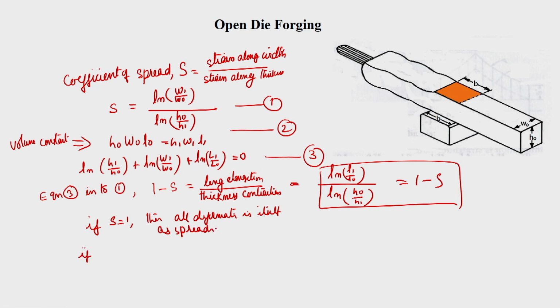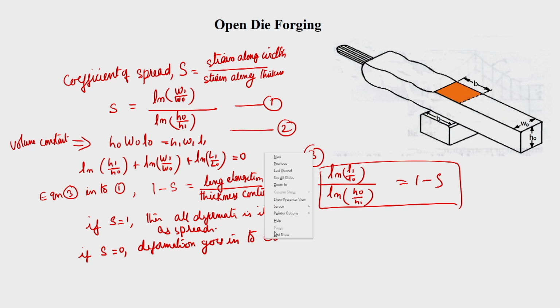If S is equal to 0, the elongation is taking place. So then the deformation goes into elongation.